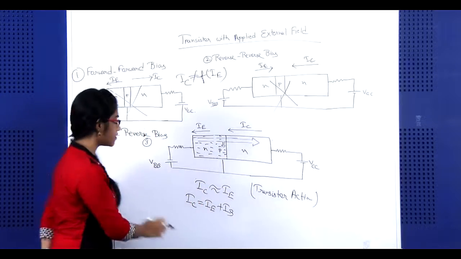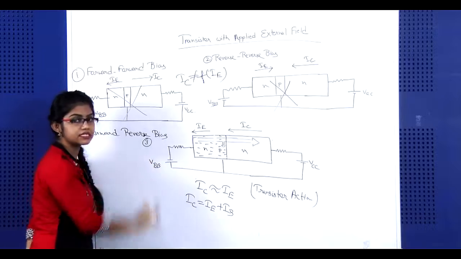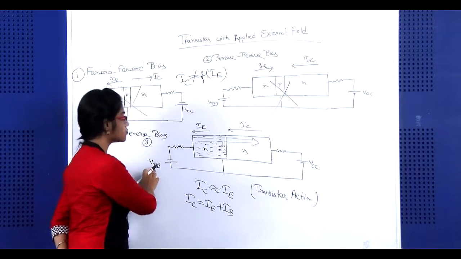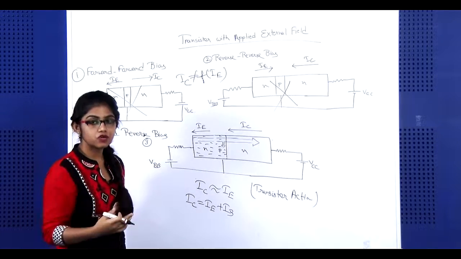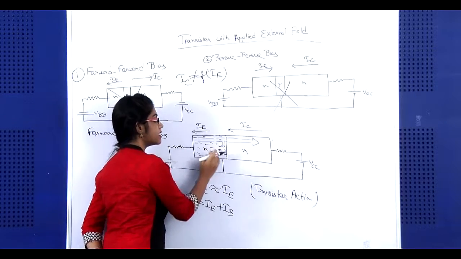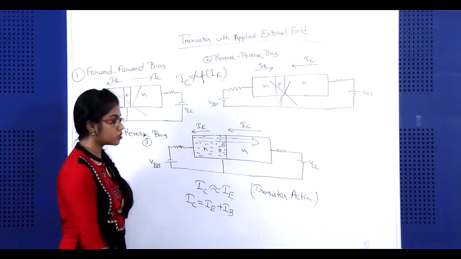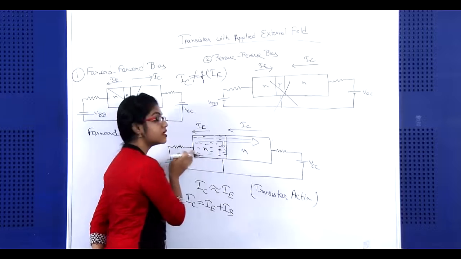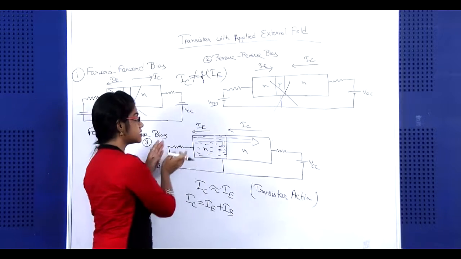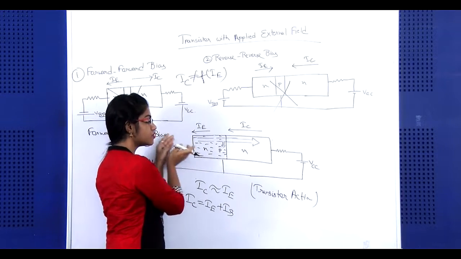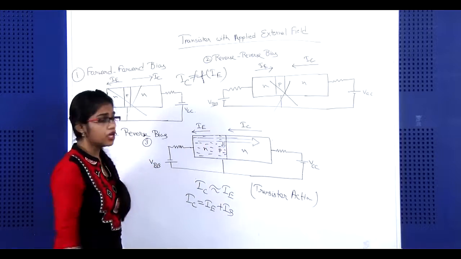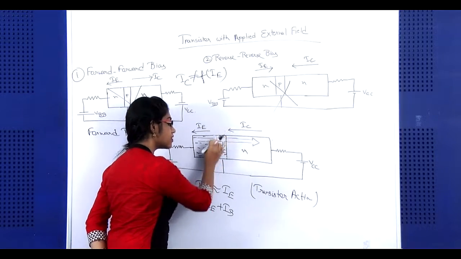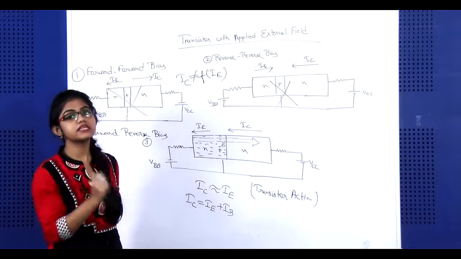Why? Because whenever we give a forward bias voltage greater than 0.7 volts, there will be no barrier in the first p-n junction diode. If there is no barrier, then due to the diffusion process, all the majority charge carriers, that is electrons, will try to diffuse from N to P. So now the concentration of electrons is higher in this P region.